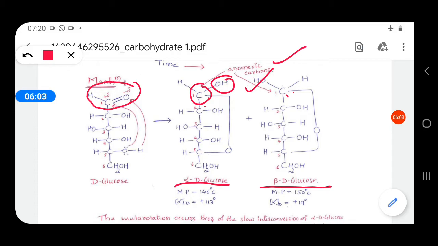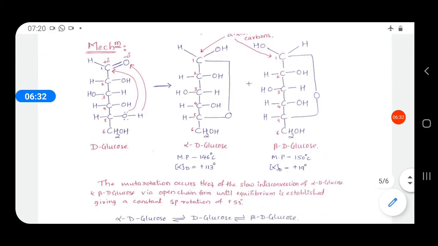Alpha D glucose melts at 146 degrees, and beta D glucose melts at 150 degrees. The specific rotation of alpha is plus 113 and beta is plus 19 degrees. But when either form is dissolved in water, its specific rotation goes on changing, and finally it reaches plus 53.